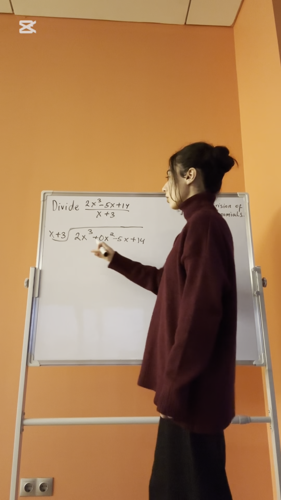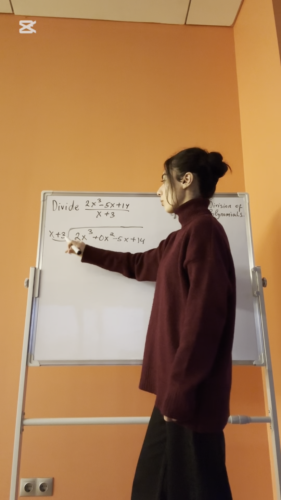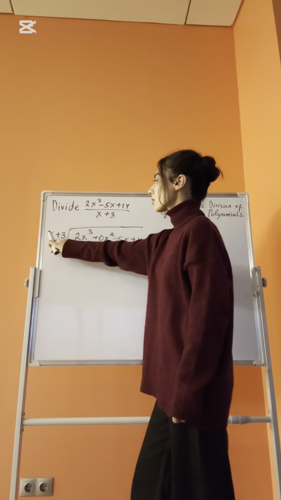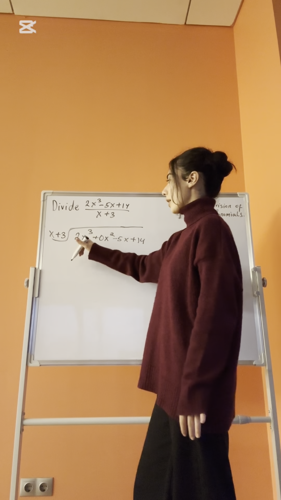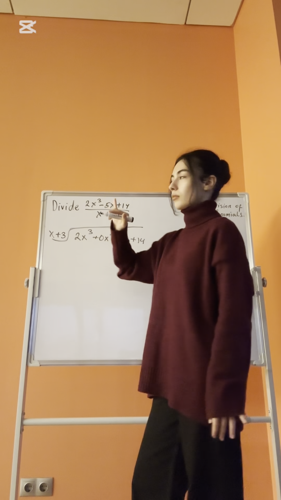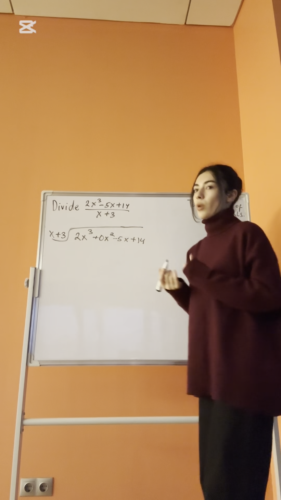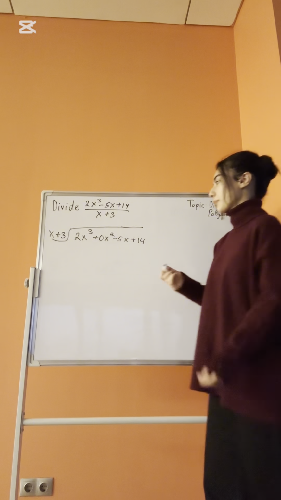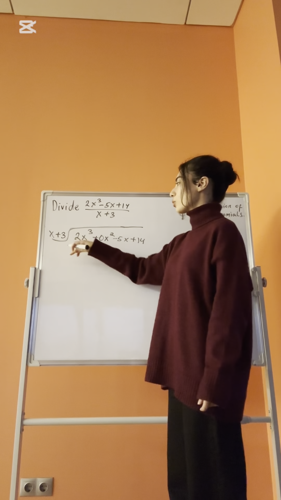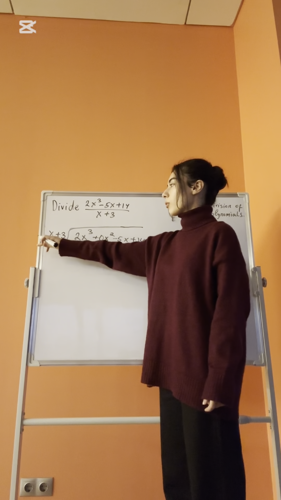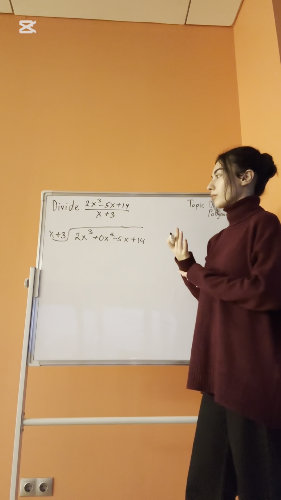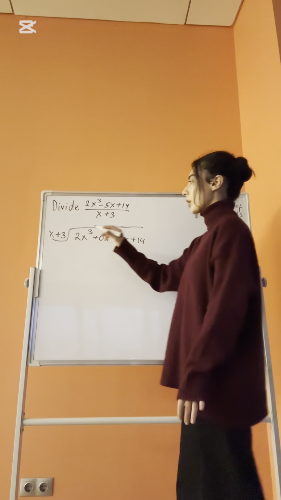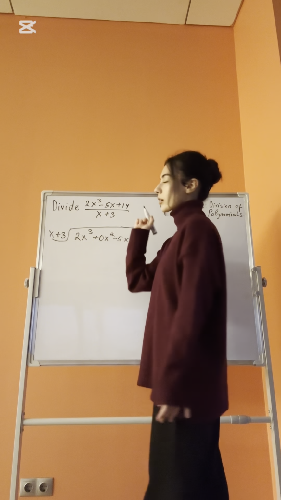Firstly, we're going to have to multiply x by some number to get 2x to the power of 3. And then I will explain why we have to do this. But firstly, to get 2x to the power of 3, what should we multiply x by? We have to multiply x by 2x to the power of 2.